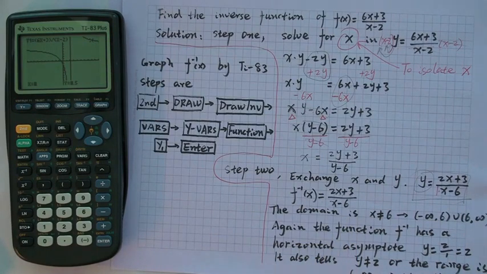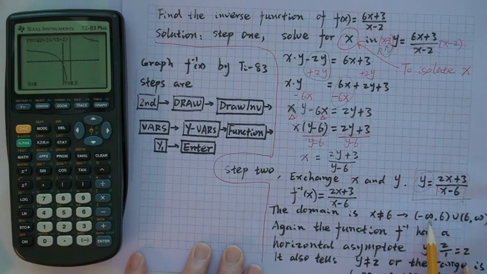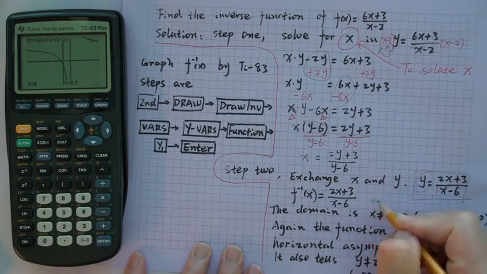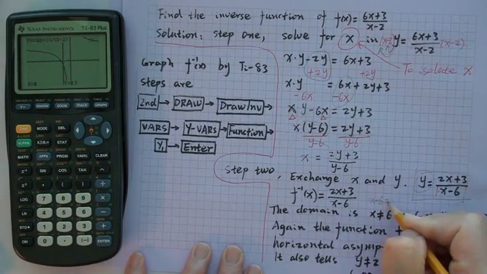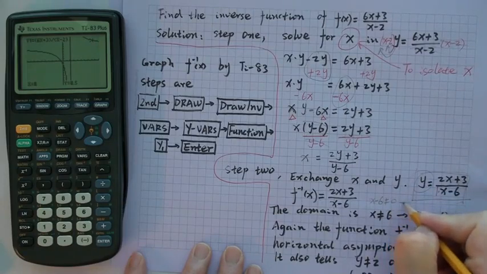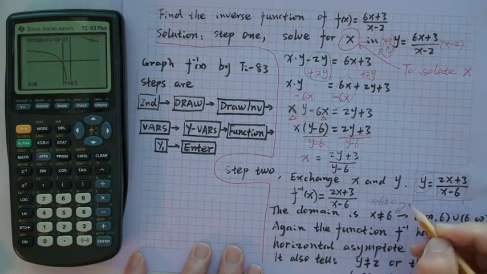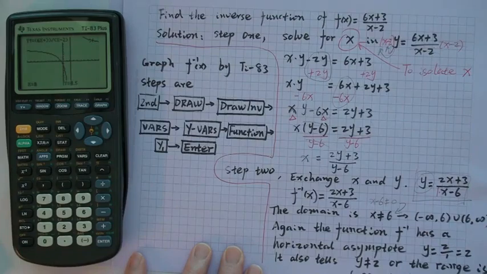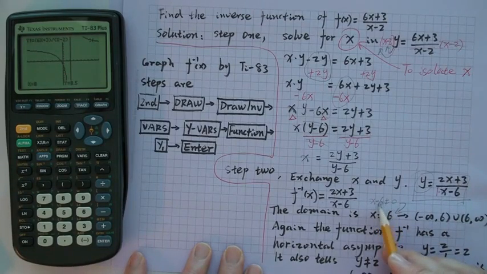Now, again here we need the domain. The domain is what? The denominator cannot be 0. So you may write x minus 6 cannot be 0. It tells us x cannot be 6 because 6 minus 6 is 0.